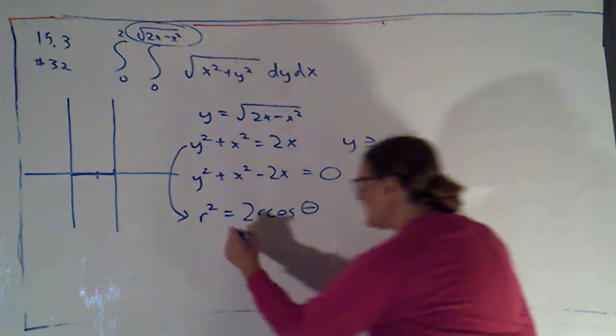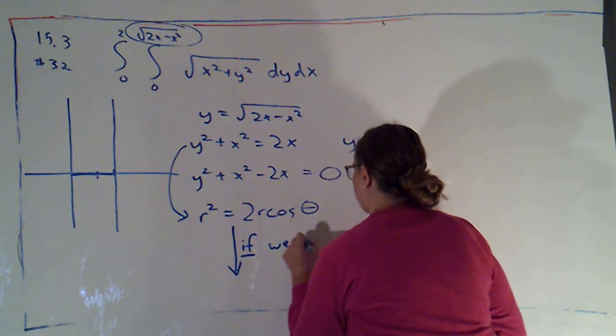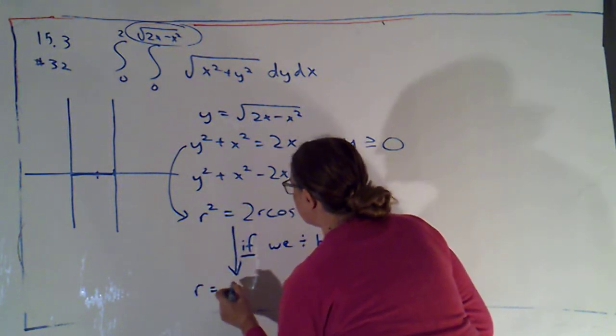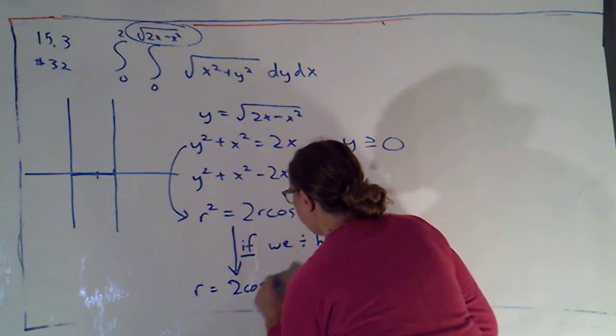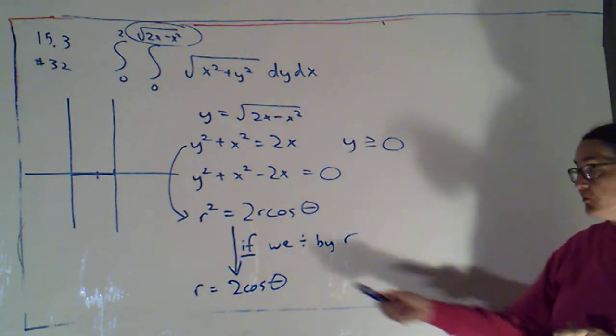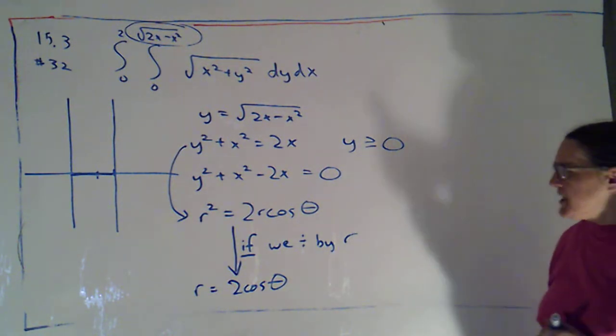Because if we divide by r, I'm going to get just r is equal to 2 cosine theta, and I recognize that as a circle. We'll review that in a moment. Okay, but that's kind of cool.